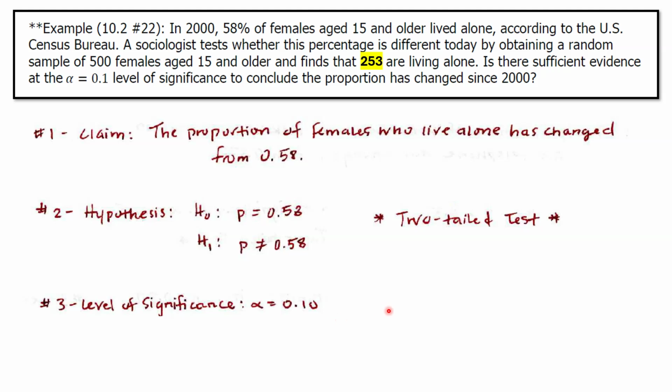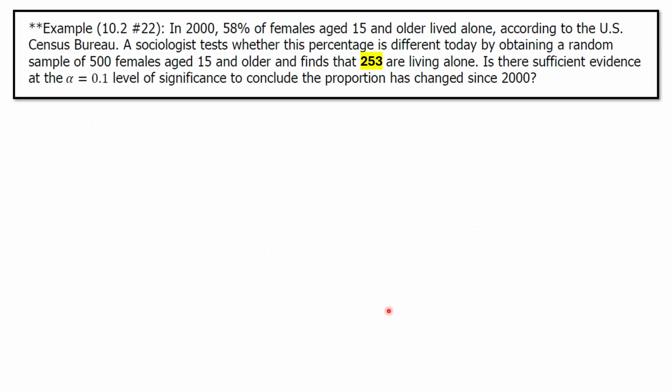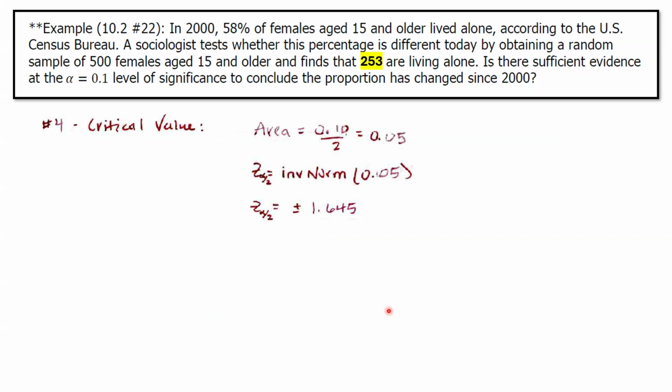Okay. So since we have a two-tailed test for our critical value, we know alpha represents the total area of our rejection region. So to find the area of one rejection region, we're going to have to take alpha and divide by 2, which gets us 0.05. So we'll use this area and enter it into our inverse norm.